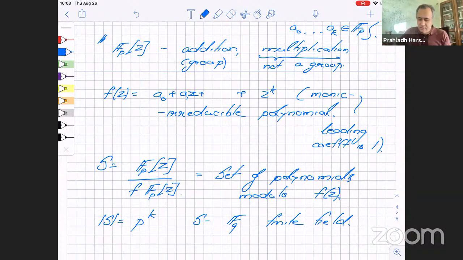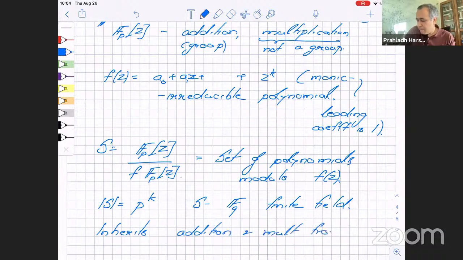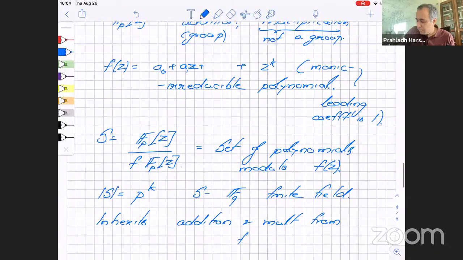So it inherits addition and multiplication from the ring F_p[z].